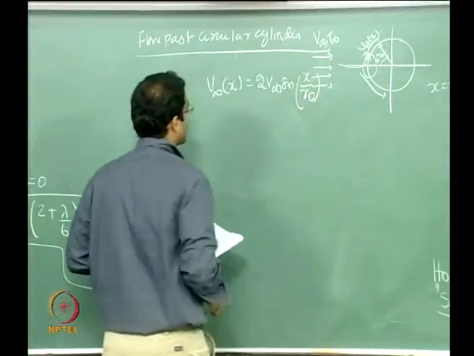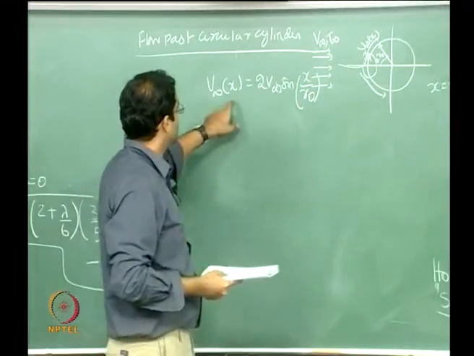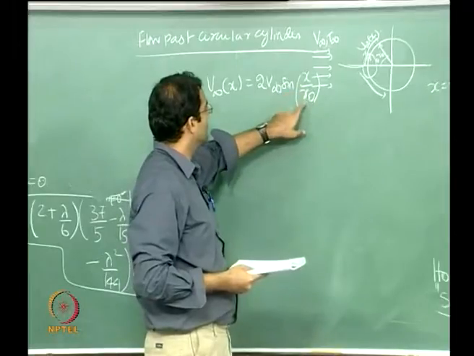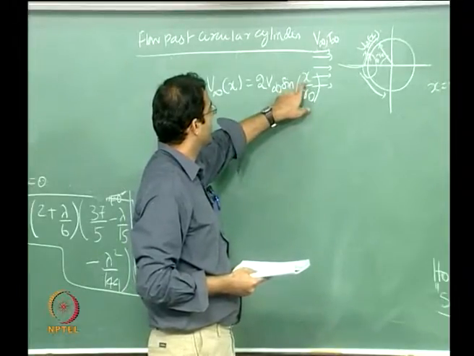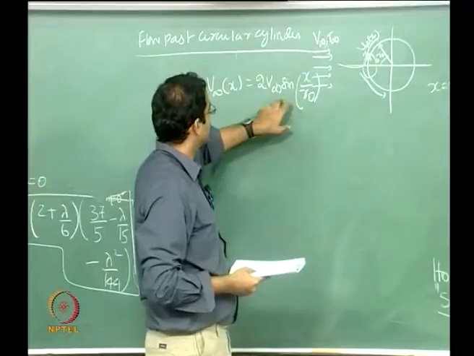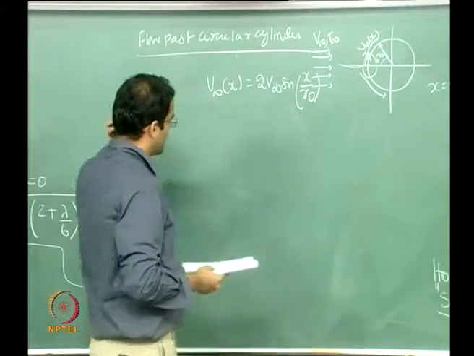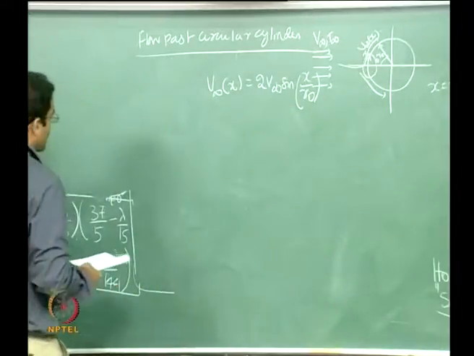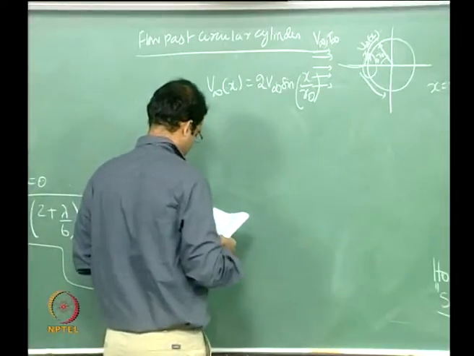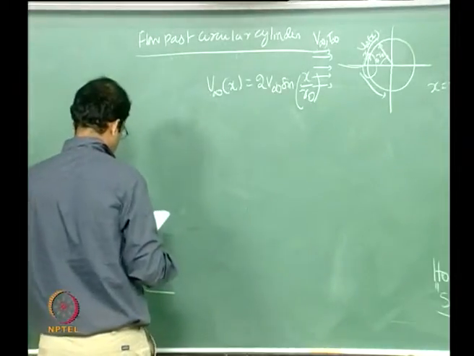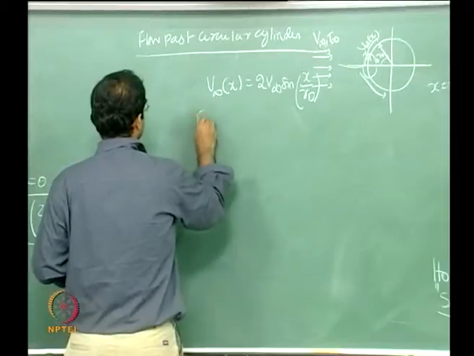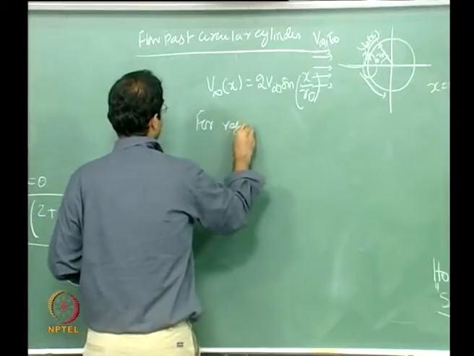Okay, so at x is equal to 0, this becomes 0, and at x is equal to pi r naught by 2, this becomes exactly equal to twice u infinity. Okay, so for this particular case we are going to look at the region close to the stagnation point.